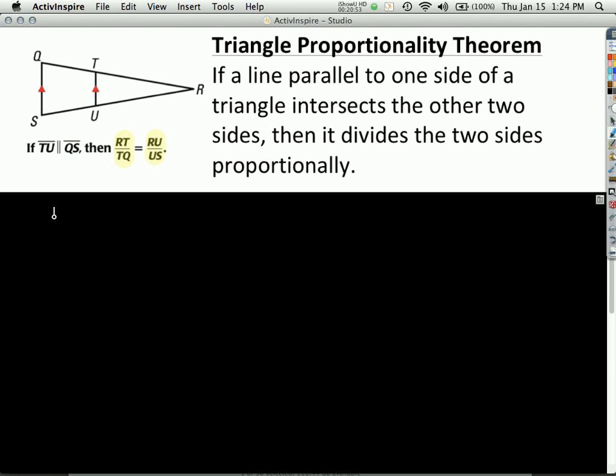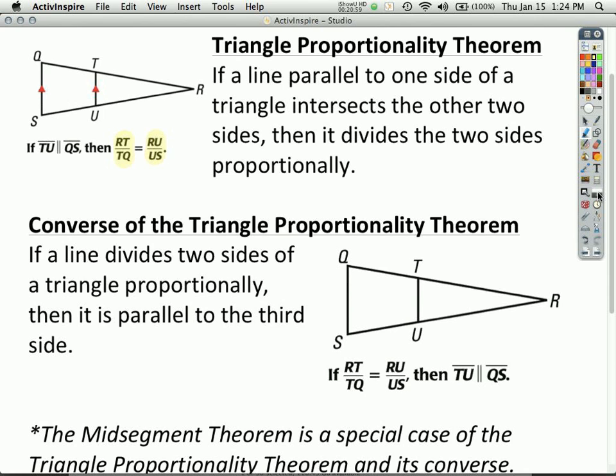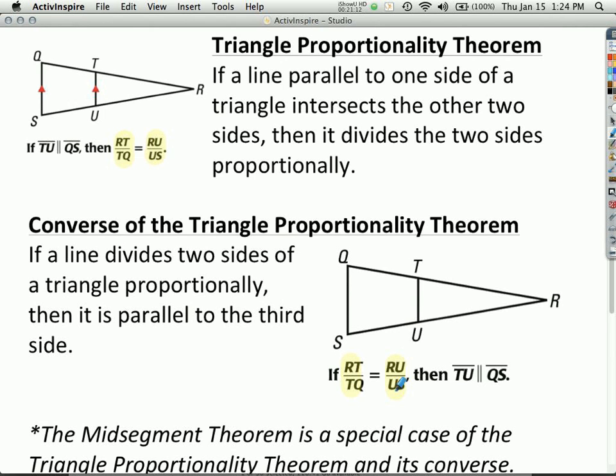Now your brain should already be going, because I said the word converse already. You have the cheat sheet sitting in front of you. And so the converse is also true. And you've seen this many times this year already. That if we can show this to be true, then we have shown that the lines are parallel.